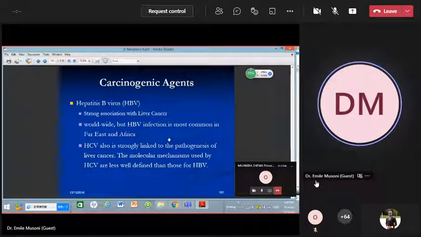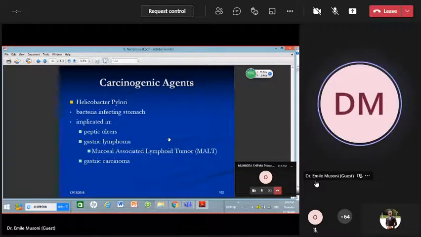Hepatitis B will cause hepatocellular carcinoma. Helicobacter pylori can cause gastric carcinoma and gastric lymphoma. What we call MALT is mucosa-associated lymphoid tissue tumor. I've seen it in histology.